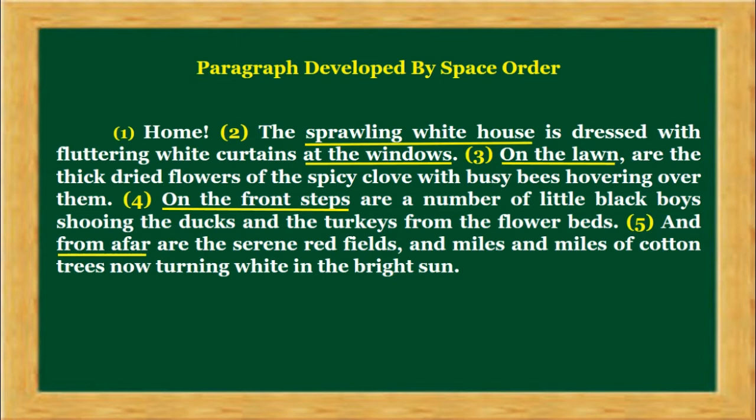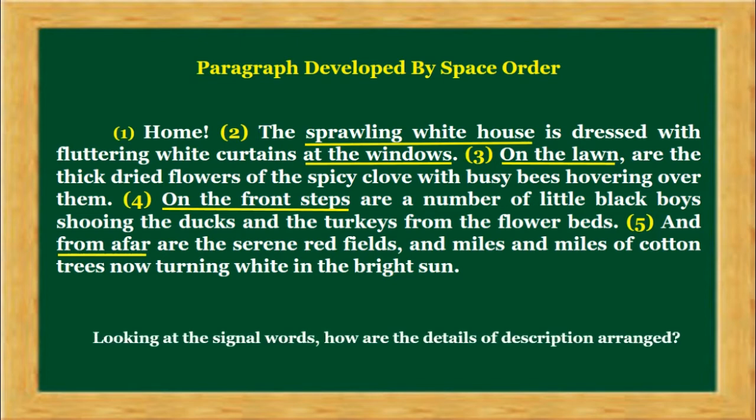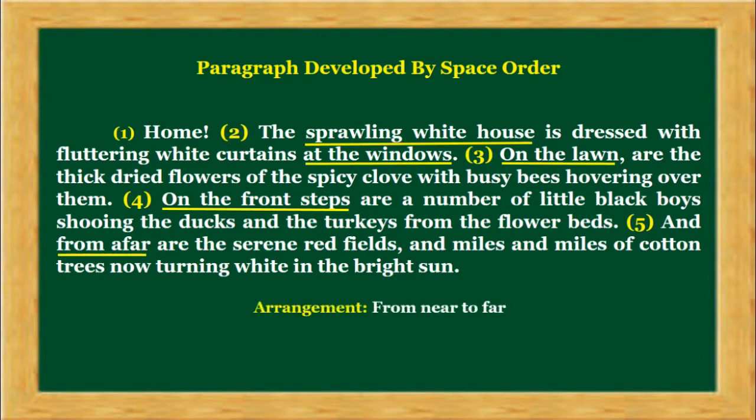Looking at the signal words, how are the details of descriptions arranged? The details of description are arranged from near to far. What object is described in each location? The objects described are the following. Number 1, at the windows are fluttering white curtains.